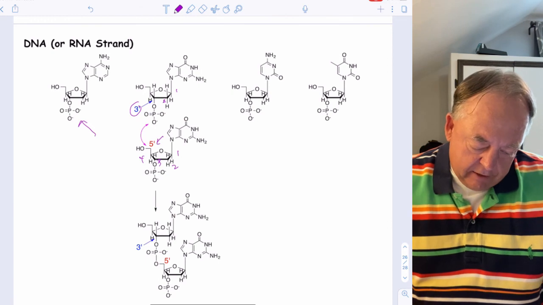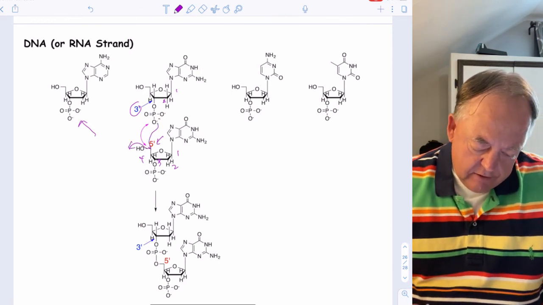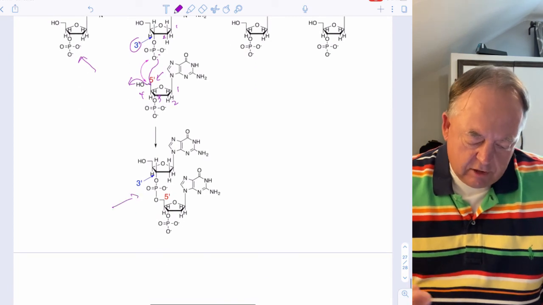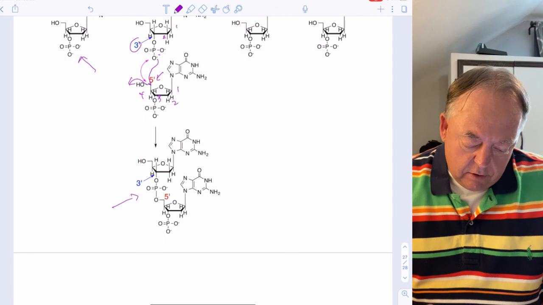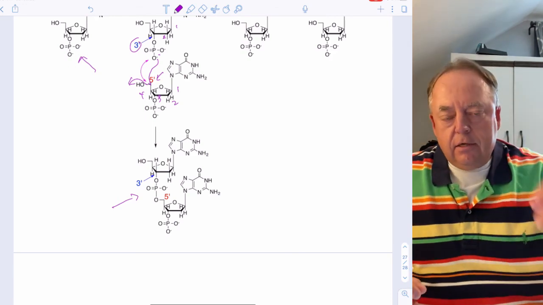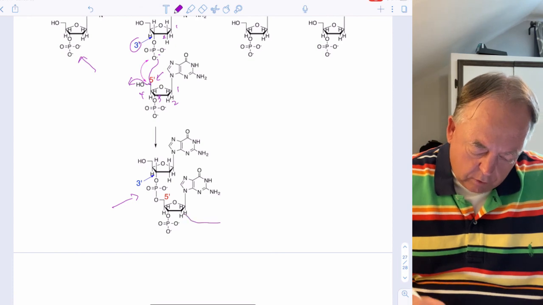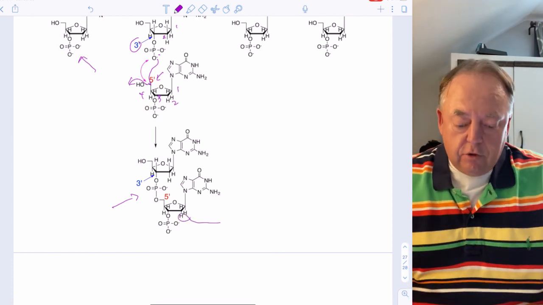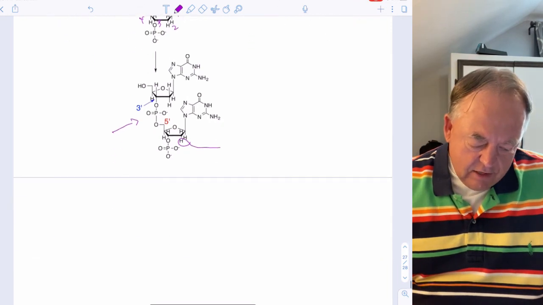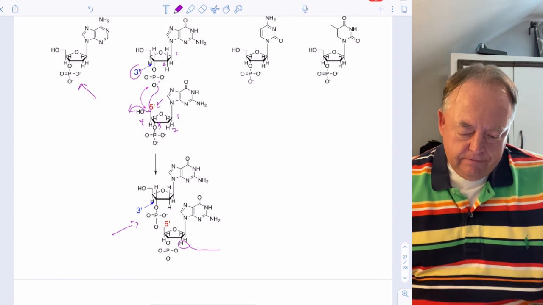And so now if we link this, so if this oxygen is attached here and this is gone, and we're basically polymerizing the molecule, then that's how the DNA strand would grow. Or if this was an OH here, if this was ribose instead of deoxyribose, then that would be the RNA strand. All right, so obviously carbohydrates are extremely important in biological chemistry.